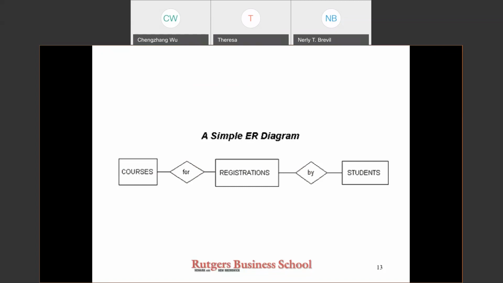And in the next chapter, we will discuss an extended version of the basic ER diagram, which is called EER, that is Extended Entity Relationship Diagram. In the EER model, in addition to showing the entities and the relationships between them, it also shows the attributes for each entity and relationship.